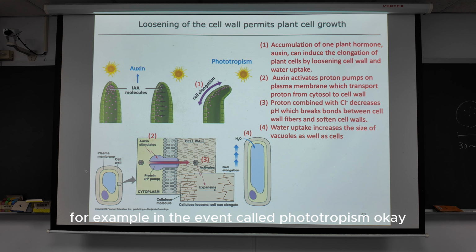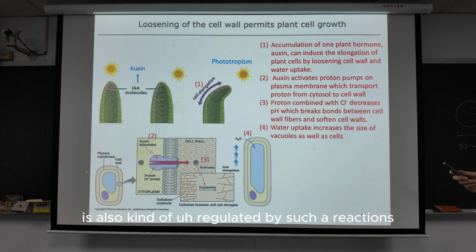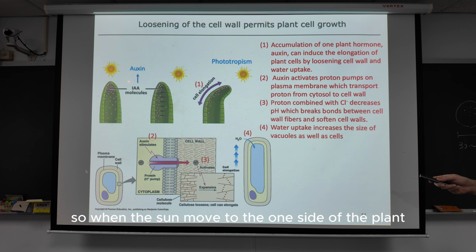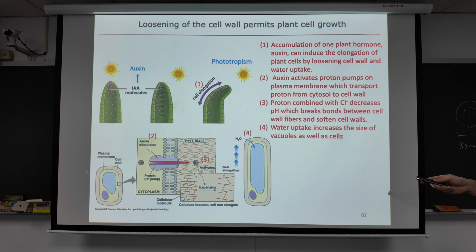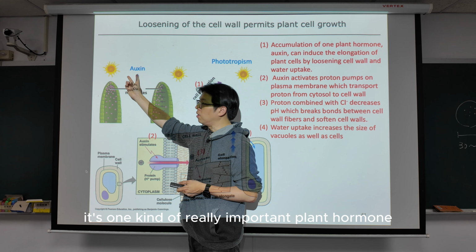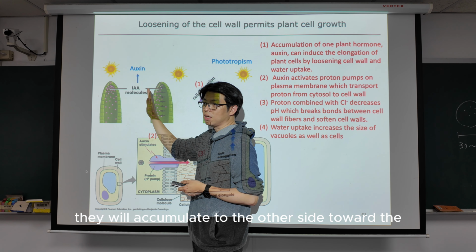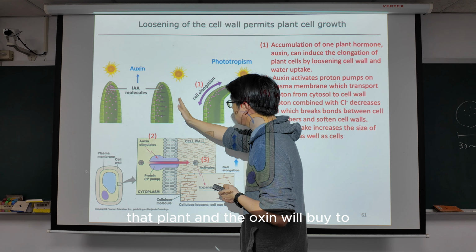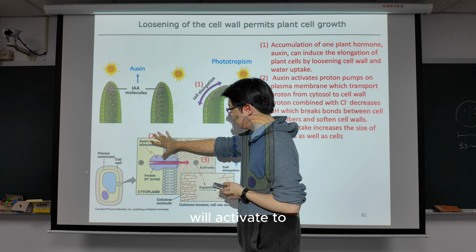For the plant cell, for example, in the event called phototropism, which means the plant will grow toward the sun, it is also regulated by such reactions. When the sun moves to one side of the plant, auxin, which is a really important plant hormone, will accumulate on the other side of the plant. The auxin will activate the auxin-regulated proton pump in the plant cell.